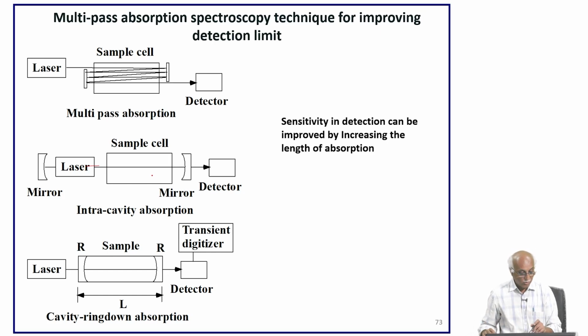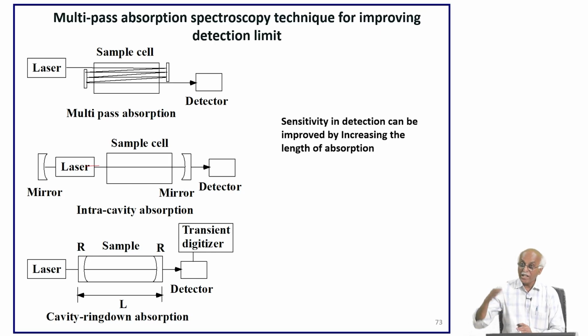Now there is one more technique, known as cavity ring down spectroscopy, and this technique allows multi-pass measurements that are not based on the intensity of the light.